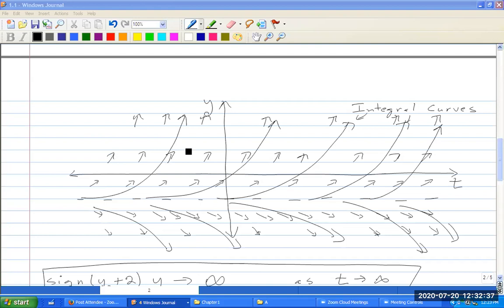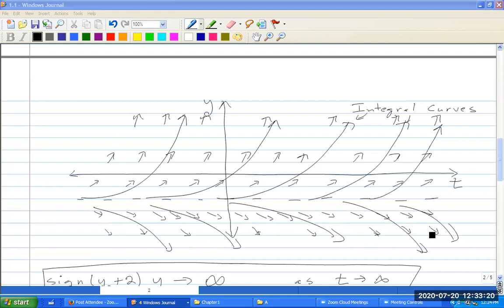If I'm here at y equal 1, along that line the slope is always going to be 3, because y plus 2 is always 3, etc. If I'm up here at 4, this will always have a slope of 6. If I'm here at y equal -1, always has a slope of 1. If I'm here at y equal -2, always has a slope of 0. So it's a horizontal line. If we're here at -3, it has a slope of -1, then -4 gives -2, -5 gives -3, etc.